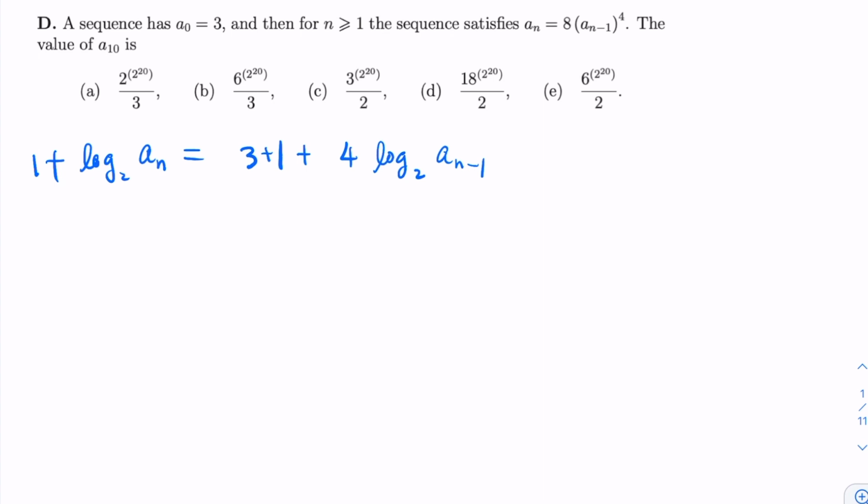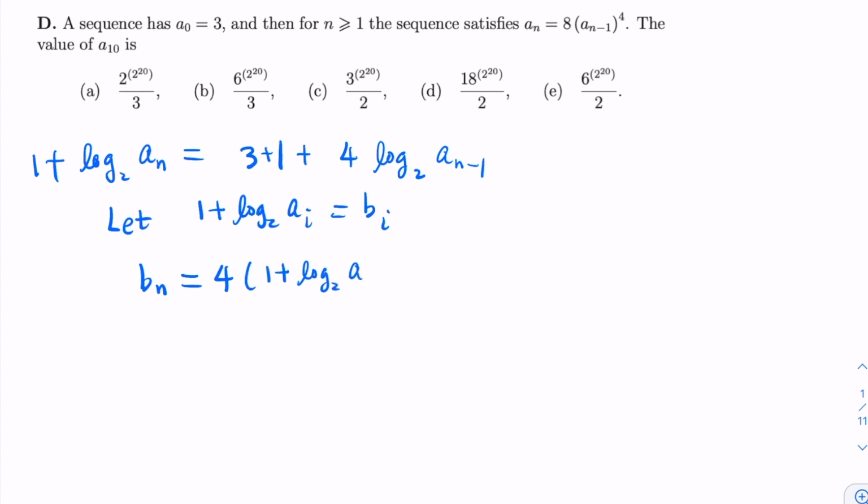Okay, so that is, if you let 1 plus log 2 of ai equal bi, then the recurrence becomes bn equal, here you have 4 plus 4, that is 4 times 1 plus log 2 of a(n-1), so that becomes 4 times b(n-1).